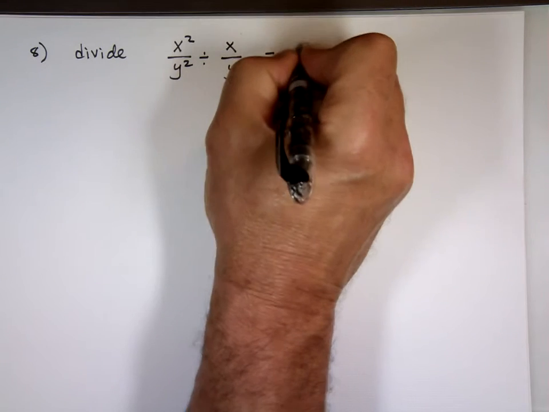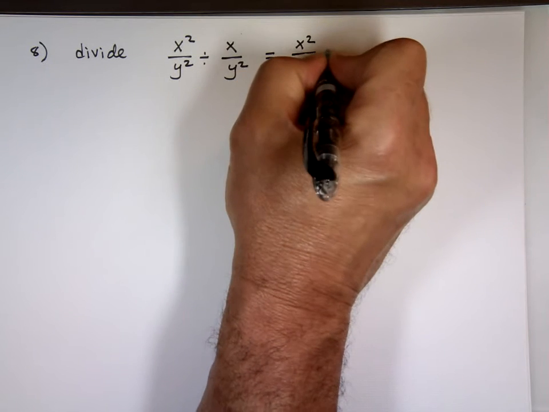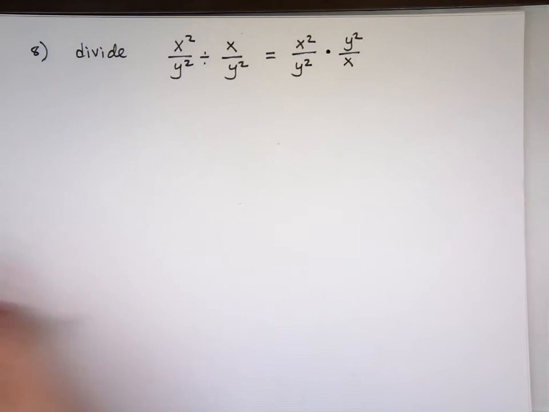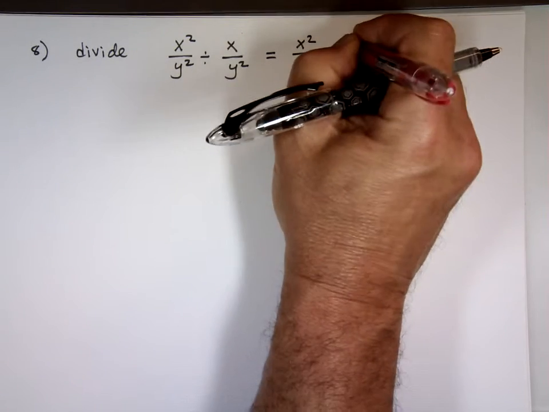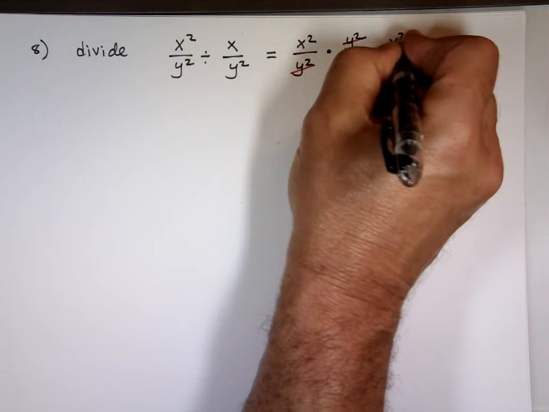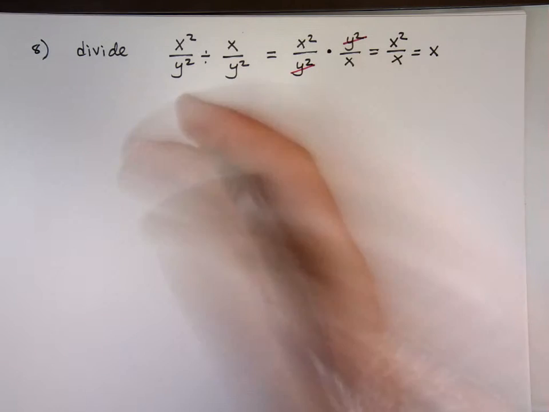Again, this is x squared over y squared. You can change it to times y squared over x. And notice top and bottom, these two are the same. What's left is x squared over x, and can I simplify that? Sure, that's only 1x. Subtract the exponent.